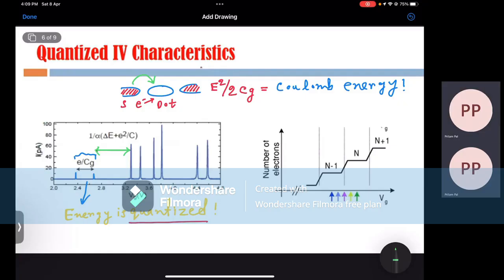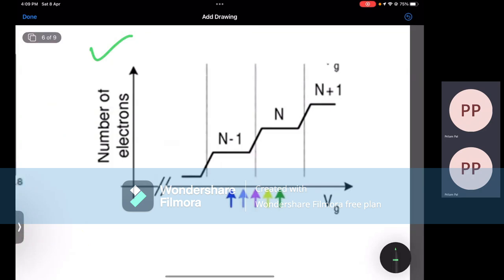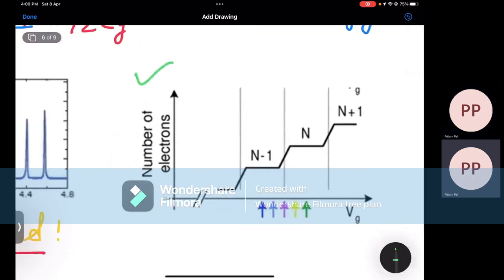So from the second graph you can see the number of electrons which are added into this quantum dot. If you carefully look into this picture, the second graph, it will be clear actually. For example, there are n number of electrons in the quantum dot.